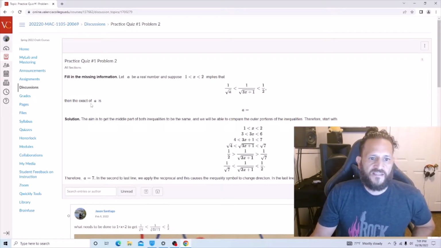Then the exact value of A is. So they want to know what A is. A equals what?